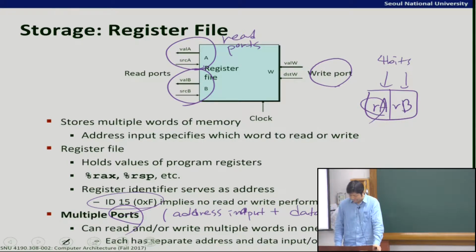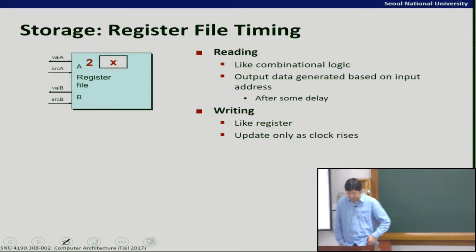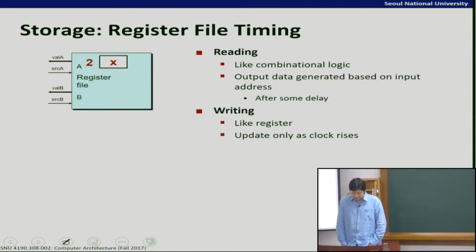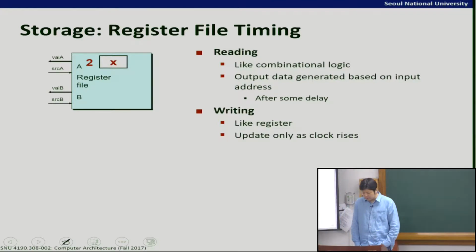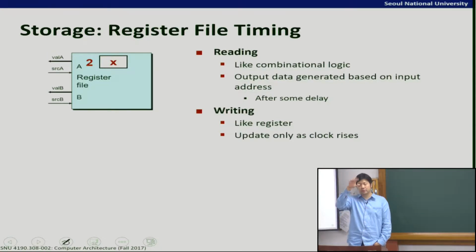Okay. So here is how the register file works in more detail. For reading and for writing, it works differently. For reading, it works like combinational logic. That means if you provide an input, like a register number as input, the output comes out immediately, of course with a little bit of delay.